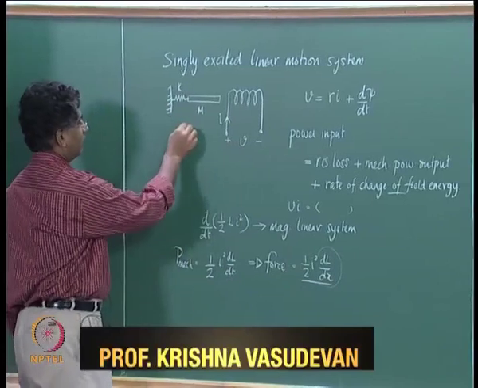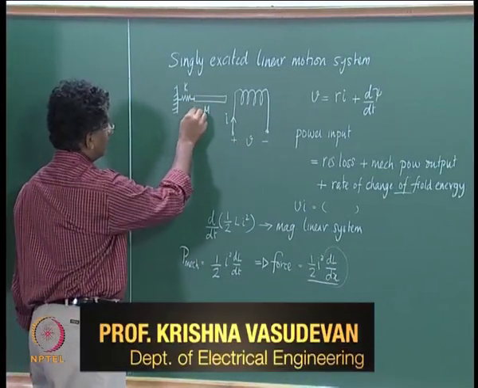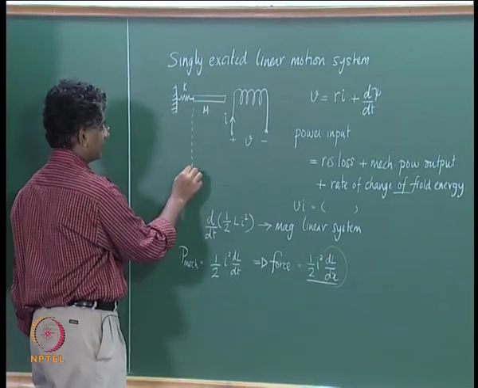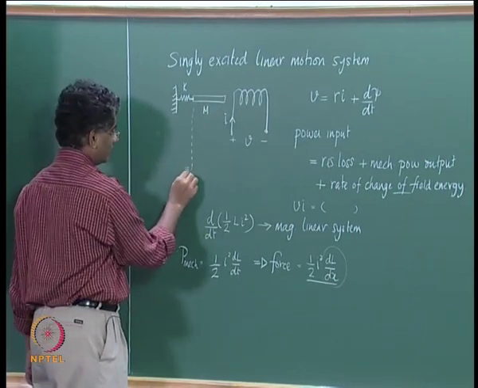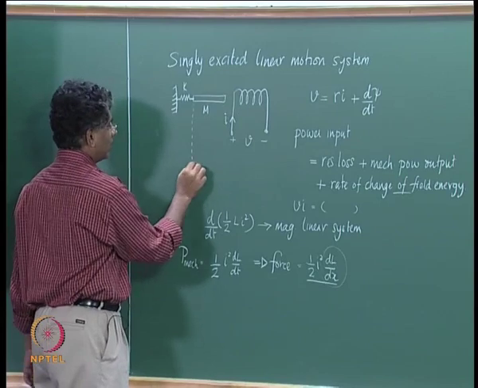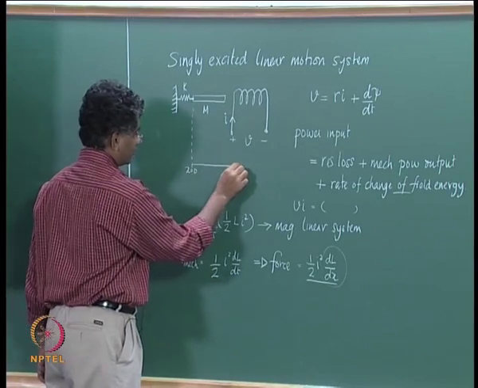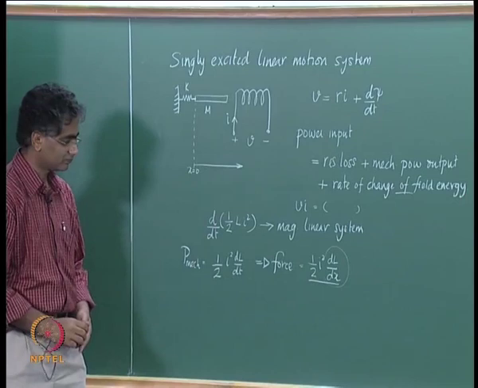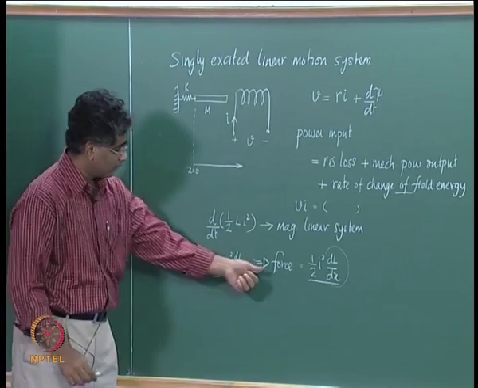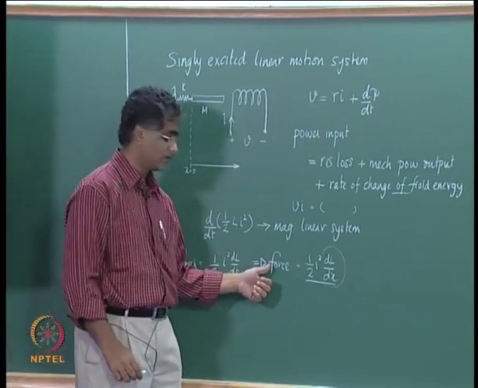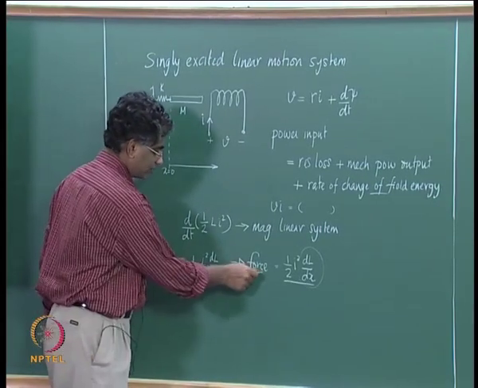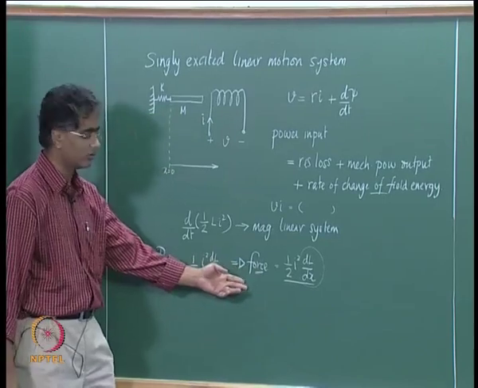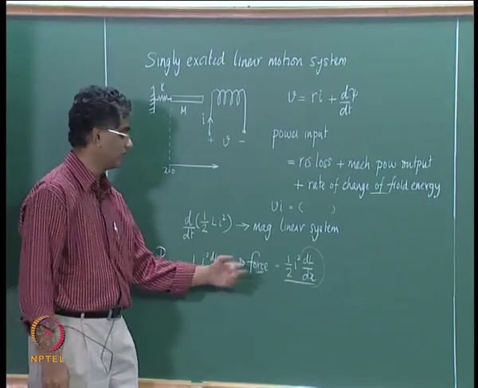That means if you said that this was the origin of the bar beginning to move, this is x equal to 0, and then the bar moves in the direction of x, the expression for the developed force says that force is going to act along the direction of increasing x.